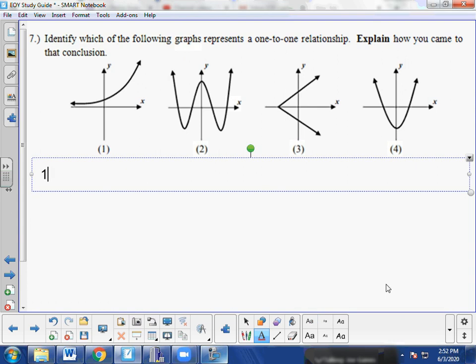Now you could explain this a number of different ways. An example of an explanation might be that you'd say graph 1, because it passes the vertical line test and the horizontal line test.